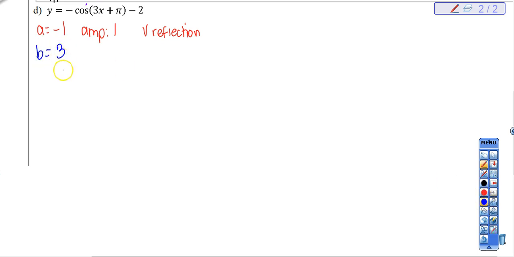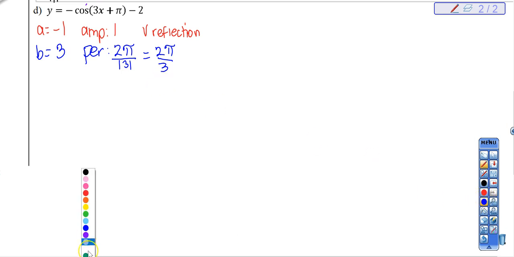So that's a compression of what? A third. All right, so let's take a look at the period that we're going to take 2 pi, which is the period of a cosine function, divided by the absolute value of 3. So the period is 2 pi over 3. Yeah, we're dividing 2 pi by 3. All right, C term is pi. Okay, so that's half a revolution, right?